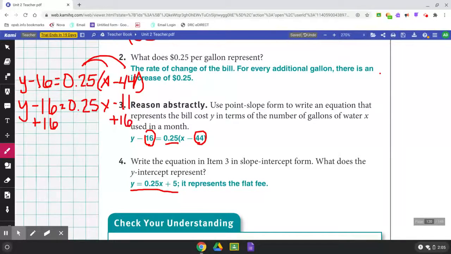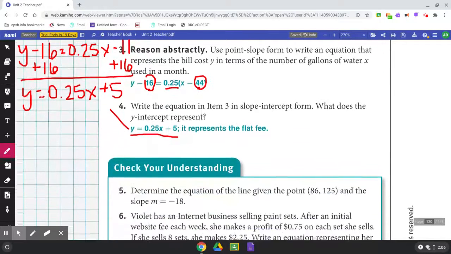So I'm going to add 16 to both sides, and that gives me that y equals 0.25x plus 5, which is what your answer is. And it represents the flat fee. The y-intercept, which is 5, represents the flat fee.